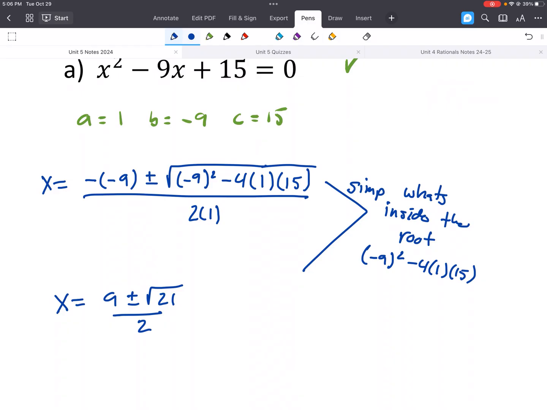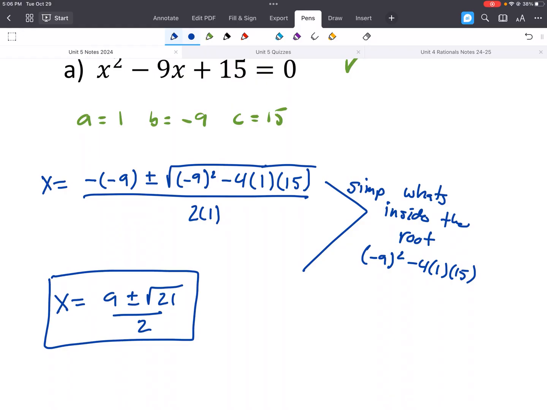So for the square root of 21, we would maybe try a factor tree, but there's nothing we could even do. 21 is not prime, so there's no groups. We can't take anything out in front. And because of that, we can't simplify the fraction. So this is actually our final answer. In some ways, ugly numbers make it easier for you. Okay, so this is our answer.